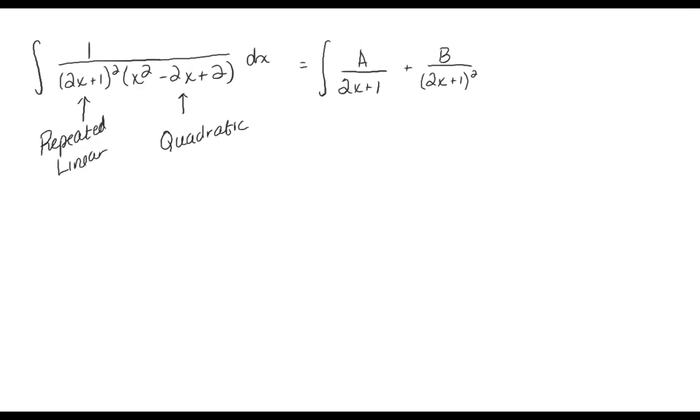So I think you said you were okay with that part of it. And then a linear expression over the x squared minus 2x plus 2, dx. So that would be the setup for the partial fractions.